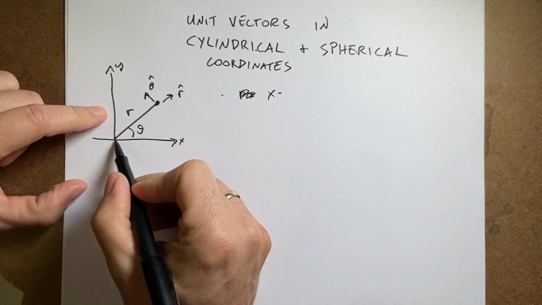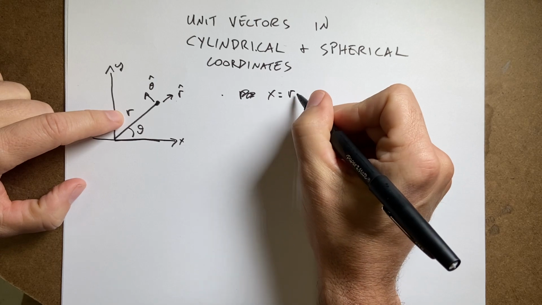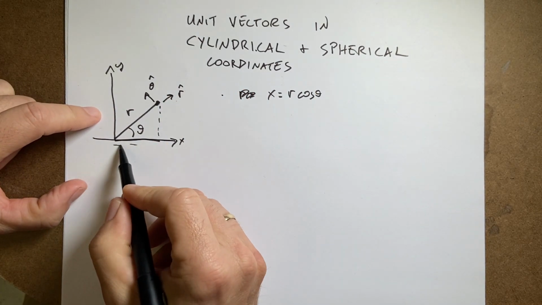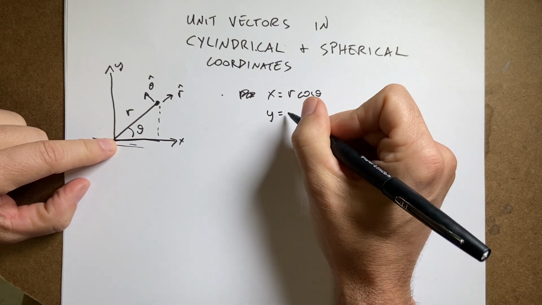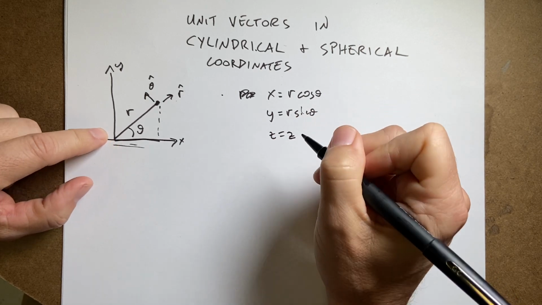if I want the x coordinate from the r and theta values, it would be r cosine theta, right? Because that's my x coordinate along the x-axis. My y coordinate is going to be r sine theta, and my z coordinate is going to be z.